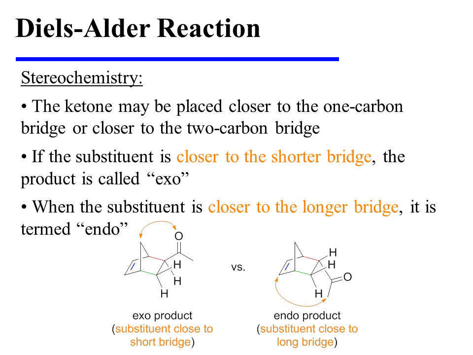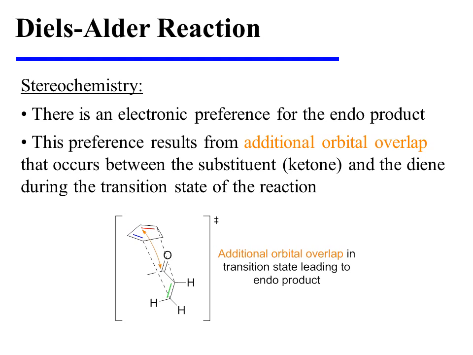When the substituent is closer to the shorter bridge, the product is known as exo. However, when the substituent is closer to the longer bridge, it is termed endo instead. There is an electronic preference for the endo product, and this preference results from additional orbital overlap that occurs between the substituent, the ketone in this case, and the diene during the transition state of the reaction.